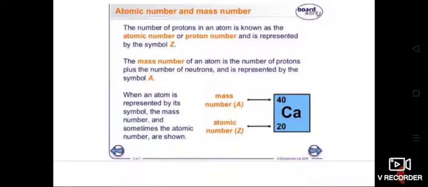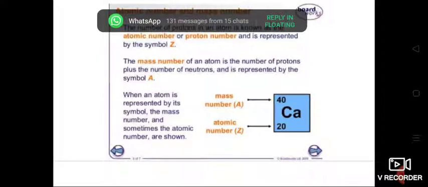Atomic number is represented by the letter Z. Mass number is represented by the letter A. So this is the way we write the symbolic representation of an element. For calcium, 20 is the atomic number and 40 is the mass number. So you can remember the mass number and the atomic number.